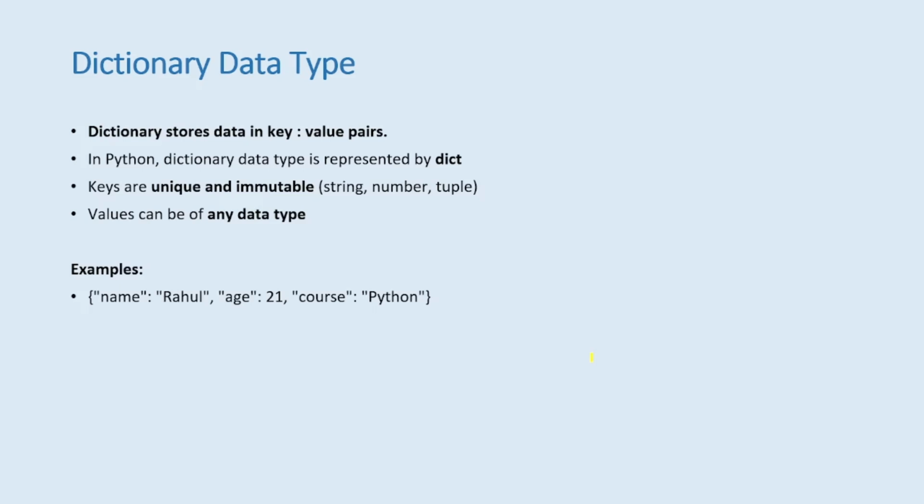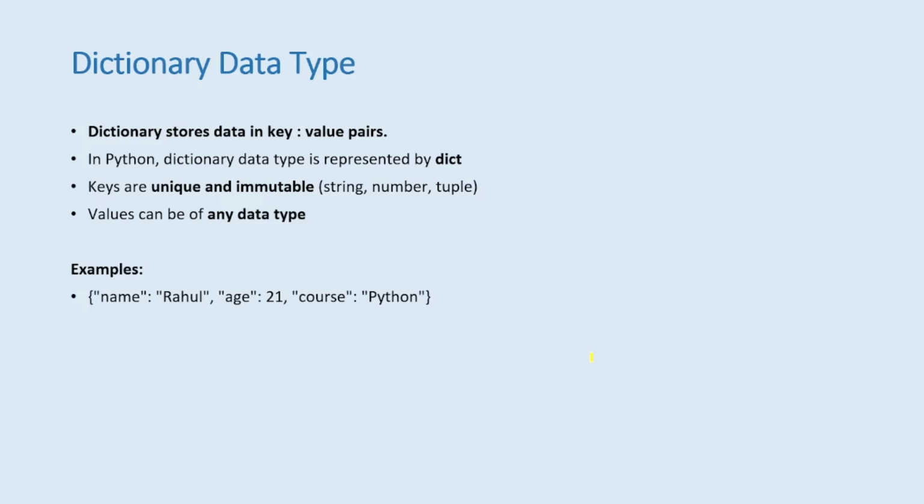You can add the new keys to the dictionary, you can remove the existing keys, but you cannot edit the key of the dictionary. So keys of the dictionary are immutable. However, dictionary is mutable. So this is an important concept.